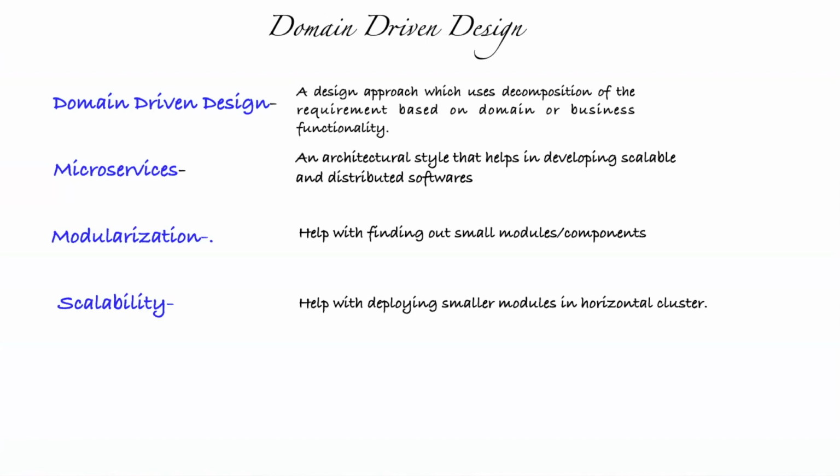Now, these two are interrelated with domain-driven design. Let's see how they are interrelated. But before that, let's go a little bit deeper into domain-driven design and the key components behind it. The very first, as the name suggests, is domain.